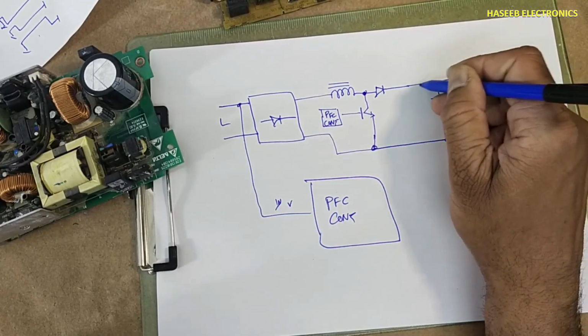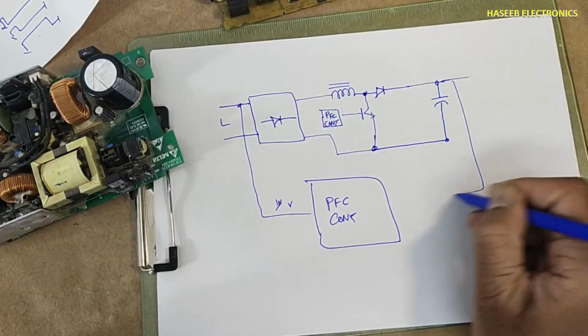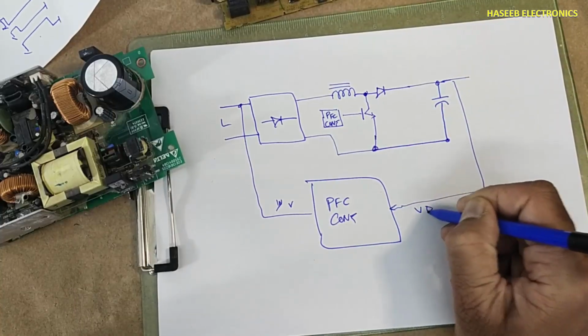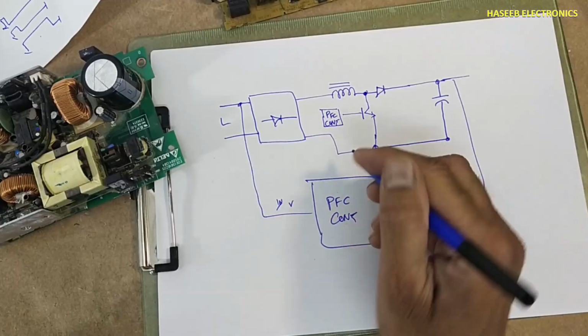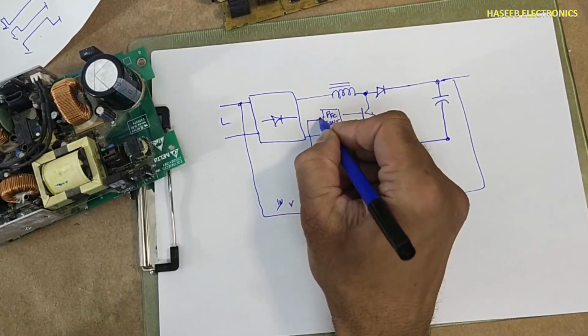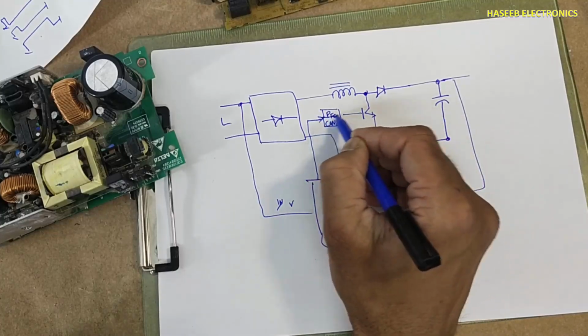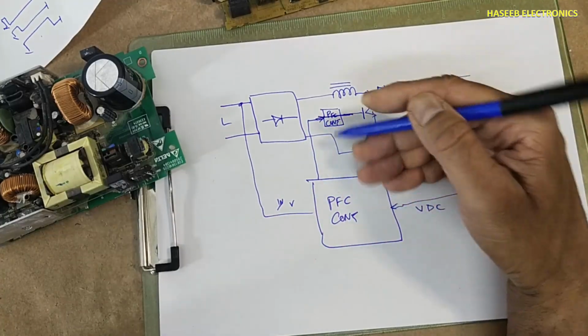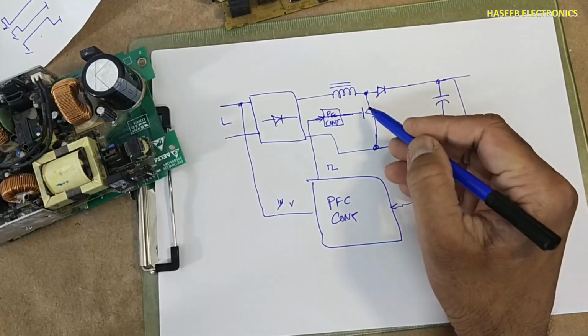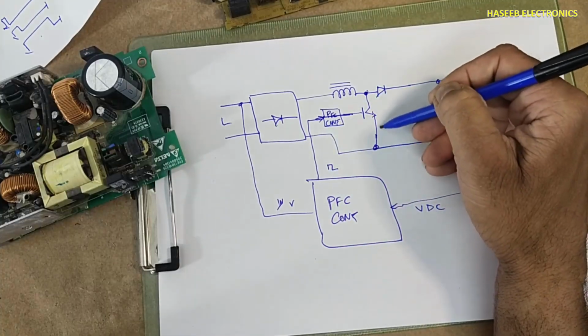It will sense the voltage here at this capacitor. It will compare these values and it will drive this PFC circuit MOSFET. It will turn on this MOSFET and it will switch here.